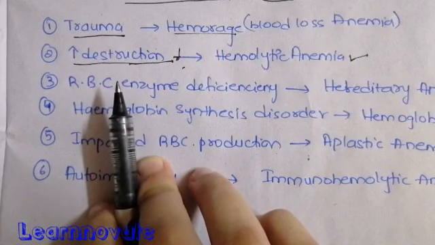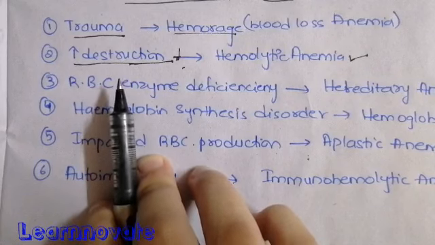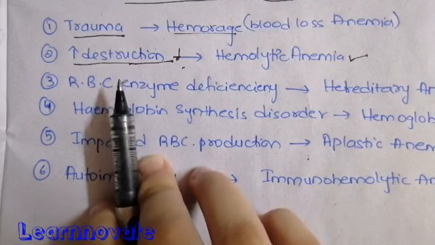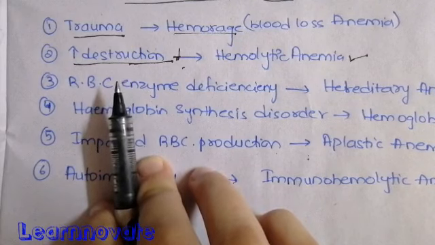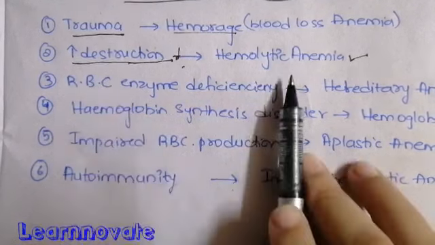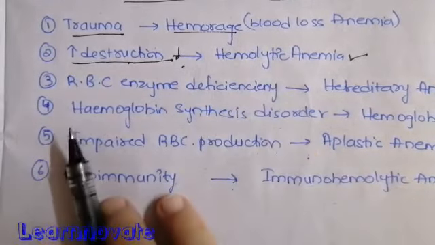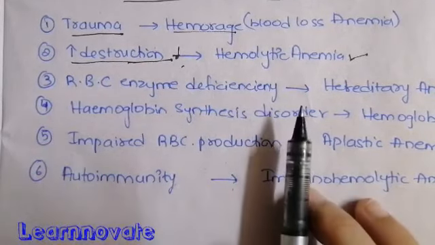So these are the conditions, for example hereditary spherocytosis, elliptocytosis, and other conditions in which the RBC shape has been changed or become abnormal. So there will be a hemolytic anemia seen. The third condition is RBC enzyme deficiency.